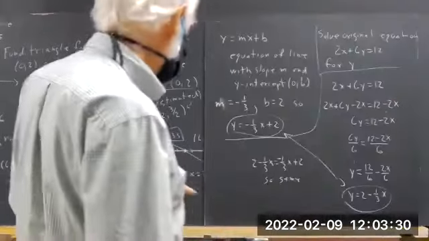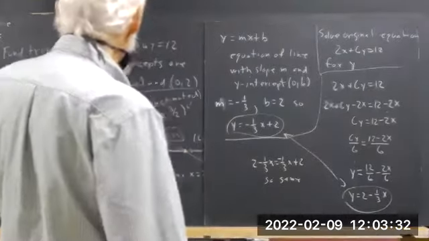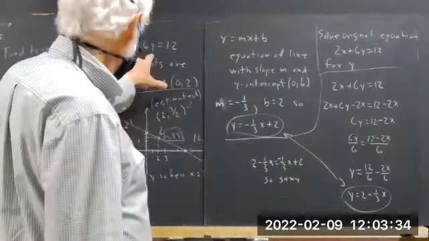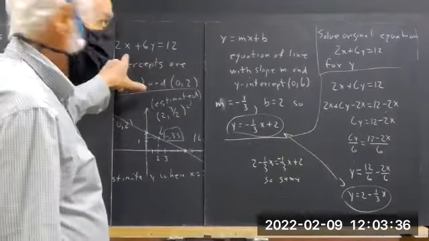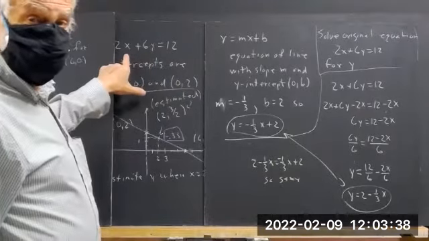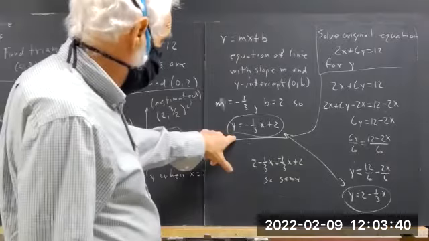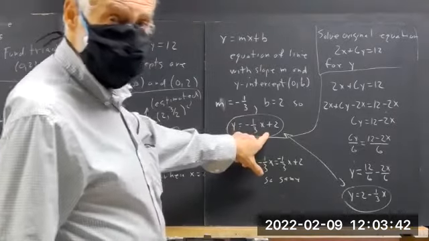So you can see from this equation or the one that we started with, if I plug in a number for y, I'm going to just have a number here. It's easy to solve for x, right? Or if I plug in a number for y here, it's going to be easy to solve for x.